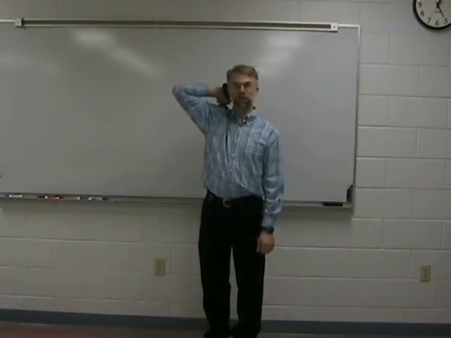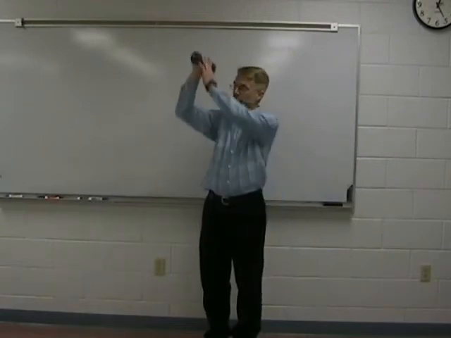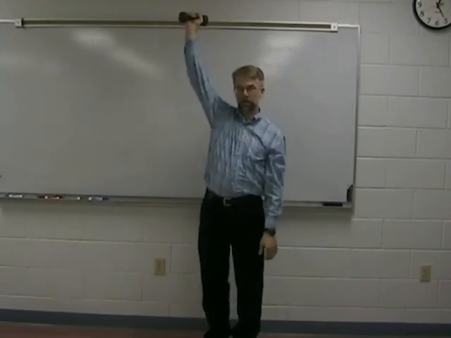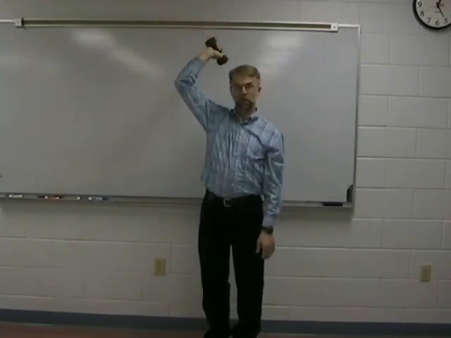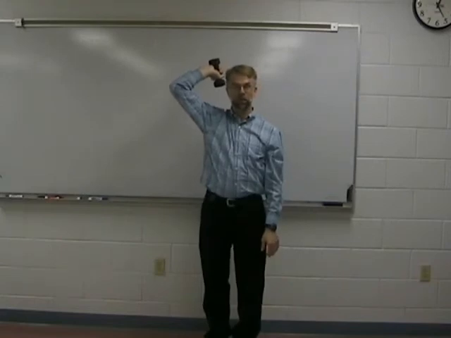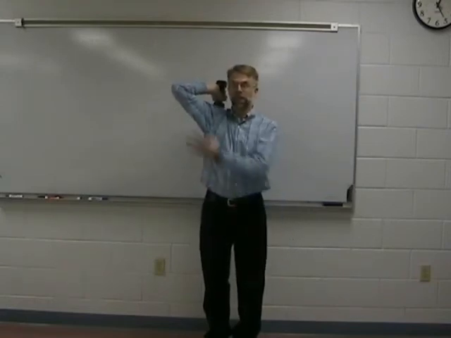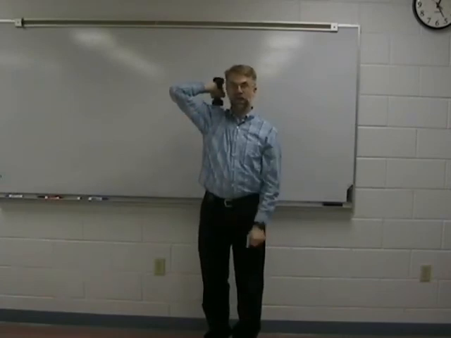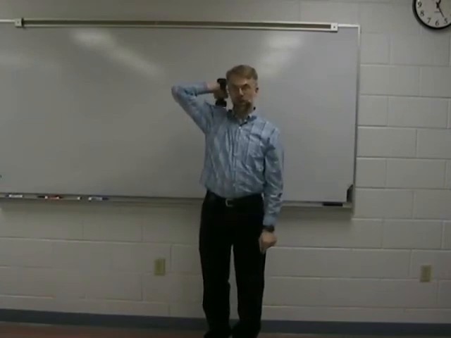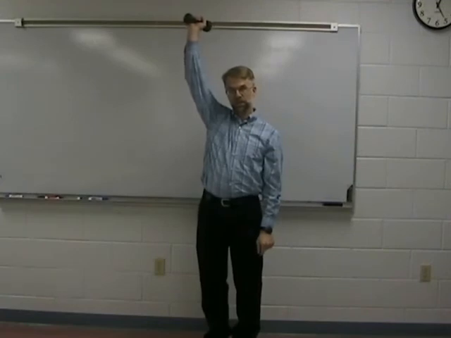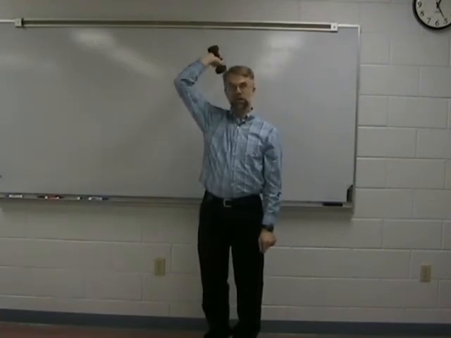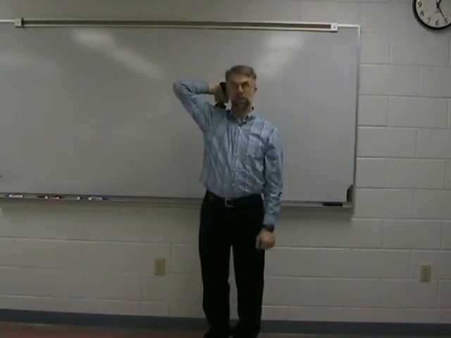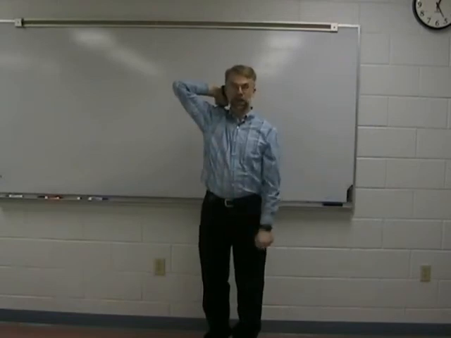The muscle group that is controlling this motion from up here, slowly lowering it down, what muscle group is controlling that? What muscle group is active? Well, it's the elbow extensors that are controlling that slow lowering of the weight from a fully extended position down to an elbow flexed position. So it's the elbow extensors that are active.